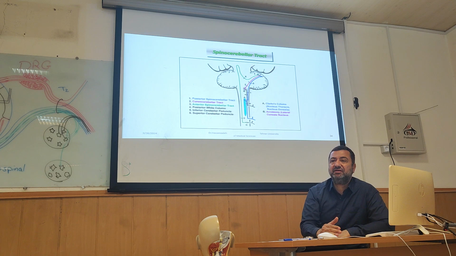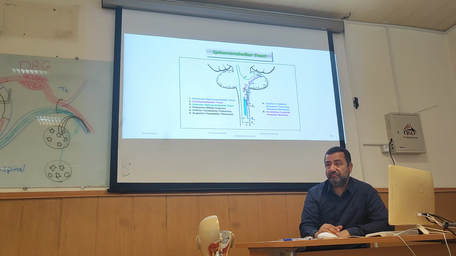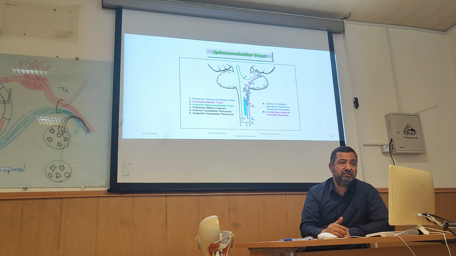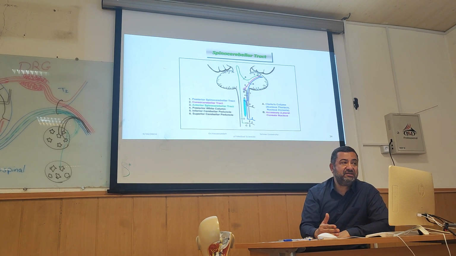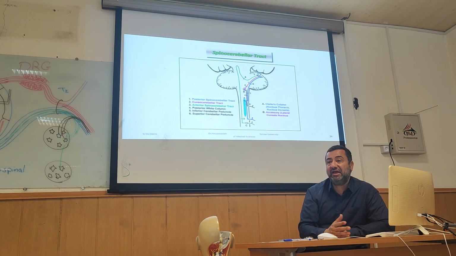Which tract has crossing in the medulla oblongata? Corticospinal tract. Which tract has crossing in the midbrain? Rubrospinal tract and tectospinal tract. If I ask you which tract has crossing in the midbrain and is located in the anterior funiculus of the spinal cord, you answer tectospinal.